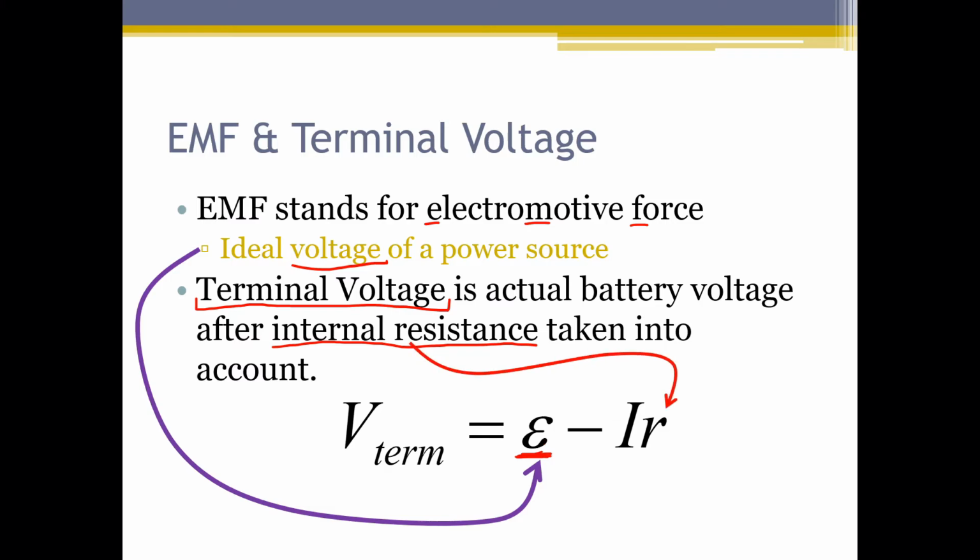But it does have some internal resistance, and the useful voltage you actually get is determined by this calculation here. This I will be the current in the battery, which can be determined by doing some circuit analysis. We'll get to circuit analysis in the next lesson.